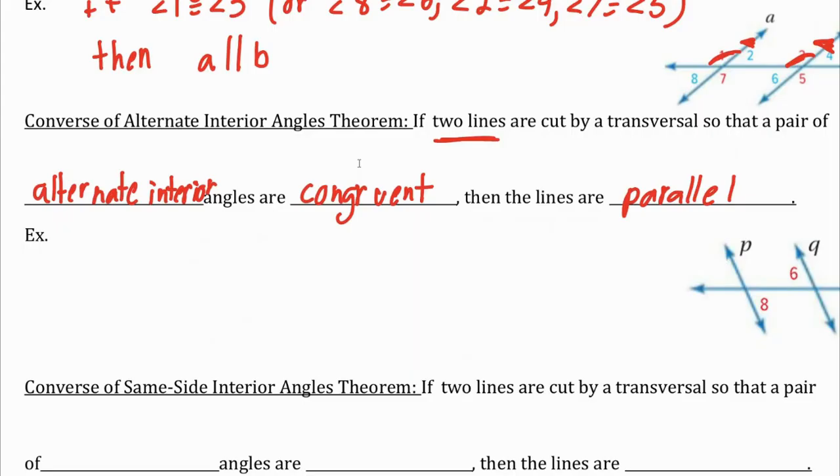In this situation, if angle 6 is congruent to angle 8, then line P is parallel to line Q. Angle 6 and angle 8 are those alternate interior angles. If those are congruent, then these two lines are parallel.